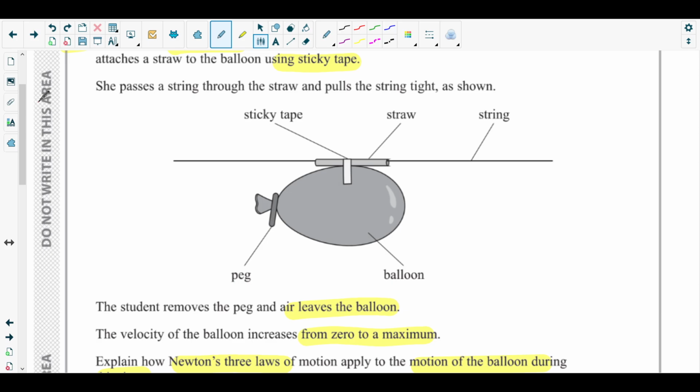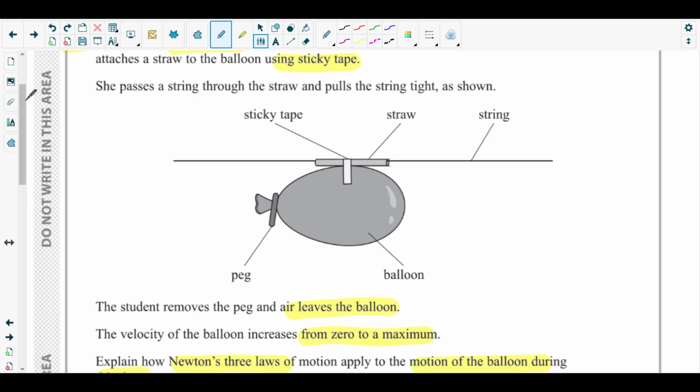The student removes the peg. As the student removes the peg, what will happen? The air particles within the balloon were in a pressurized situation, isn't it? So due to that pressure, the air particles will be pushed outward, right? They will be pushed in the backward direction by the inner air particles.